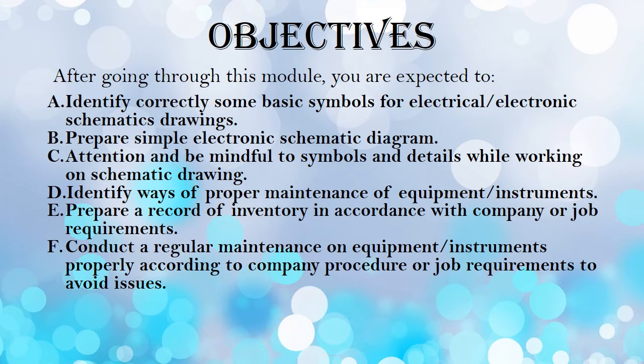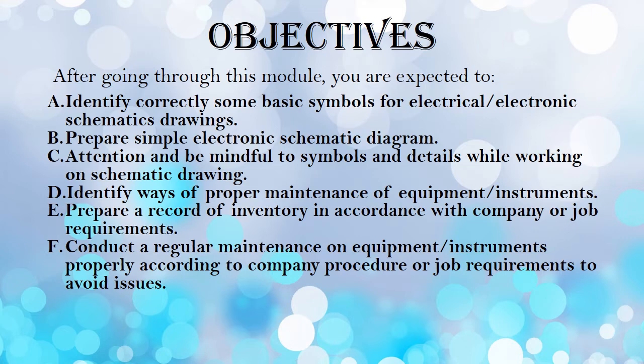And for our objectives for this topic, after going through this module, you are expected to: A. Identify correctly some basic symbols for electrical or electronic schematics drawings. B. Prepare a simple electronic schematic diagram. C. Attend and be mindful to symbols and details while working on schematic drawing.